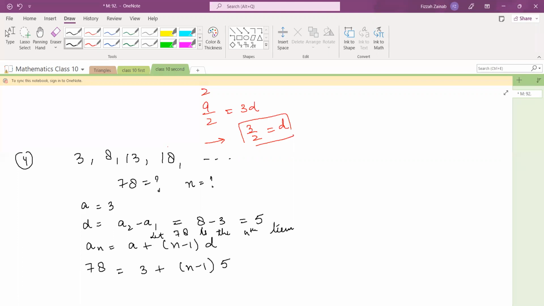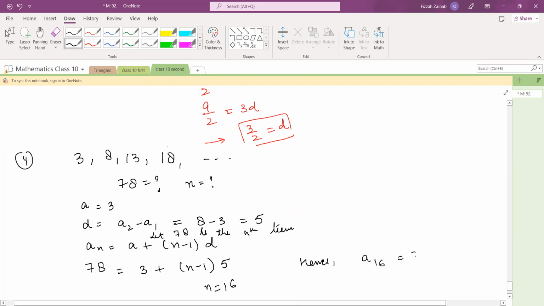Ma'am, 16. Okay, n is 16. So you will write hence. You can write in a sentence, hence 78 is the 16th term or a16 is 78. That's it. Okay.